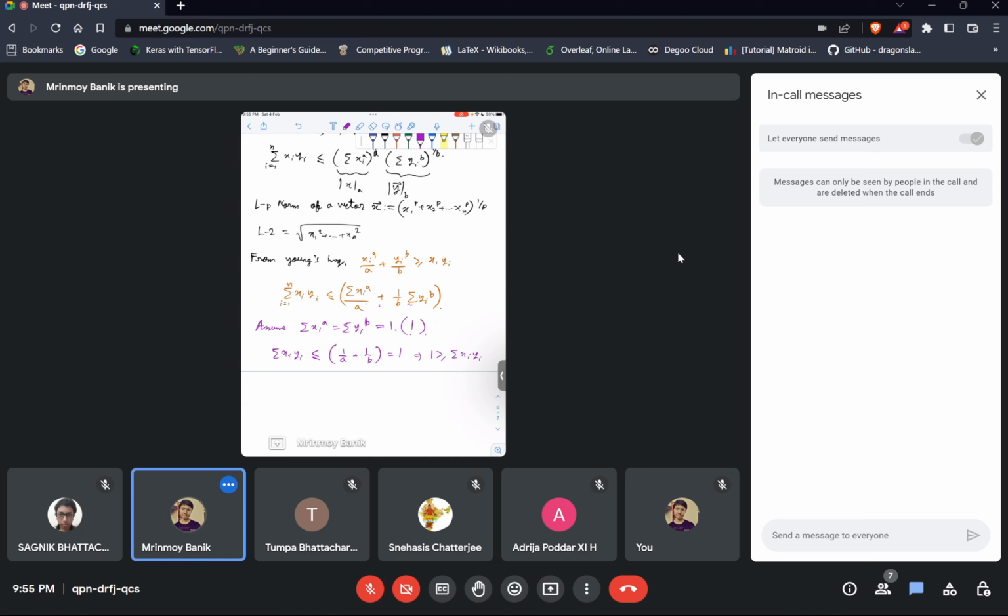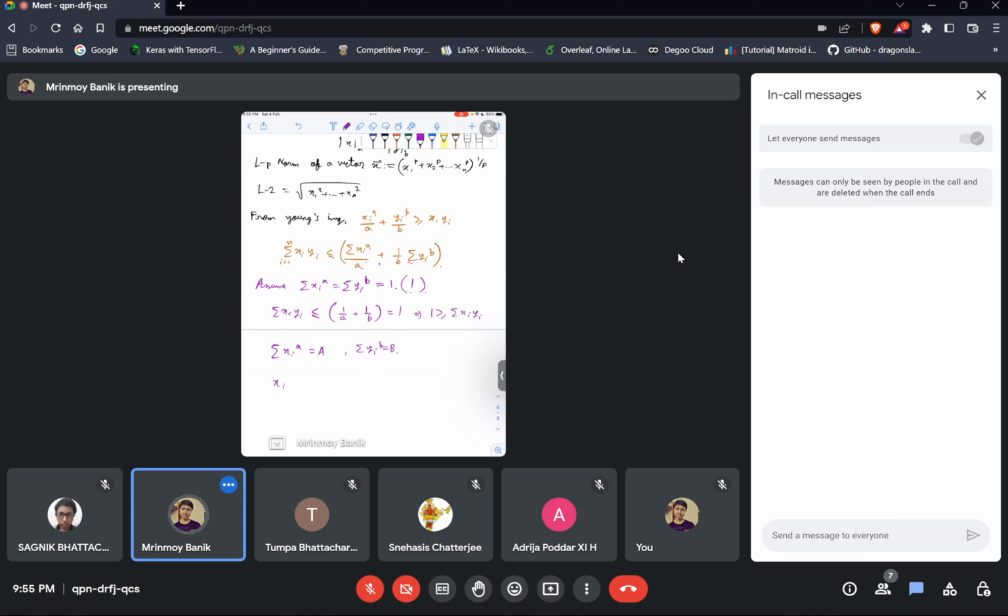Now suppose we want to substitute something fancier. What if the sum of xi power a is A instead and the sum of yi power b is B instead? Then we can take new values xi dash as xi by A power 1 by a, and yi dash as yi by B power 1 by b. So basically we normalize the vectors xi and yi.